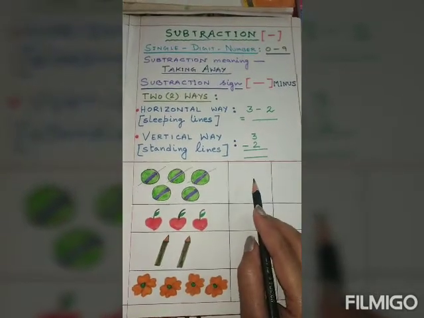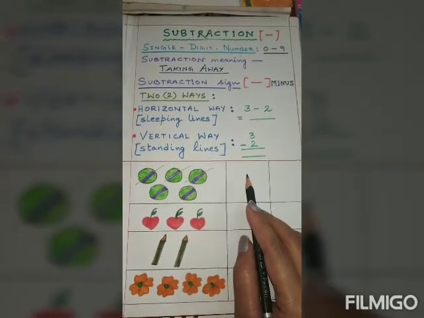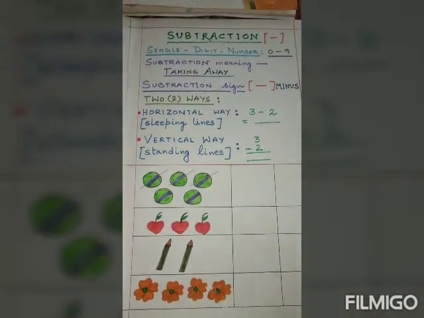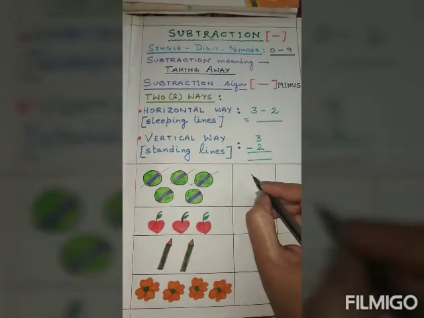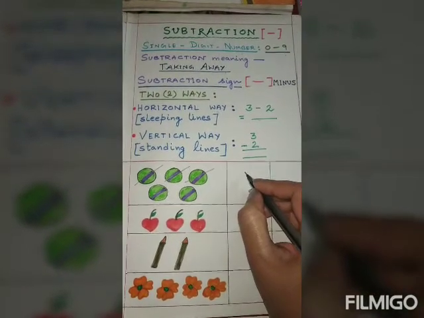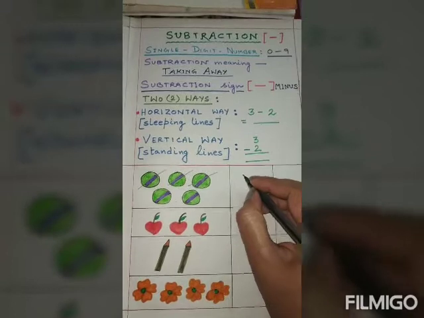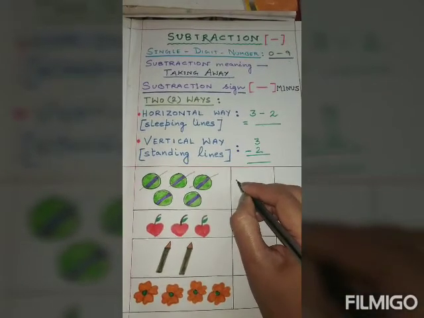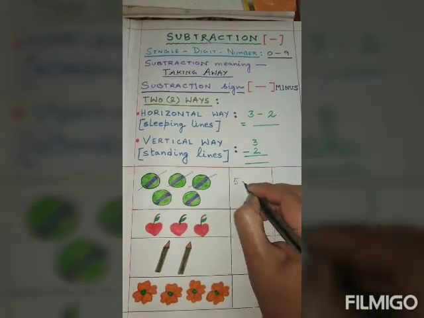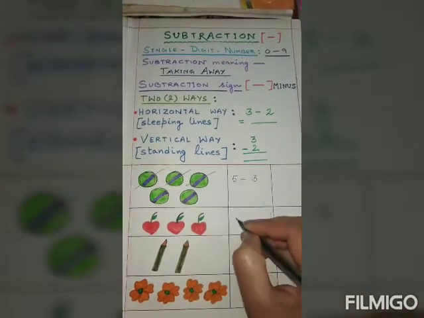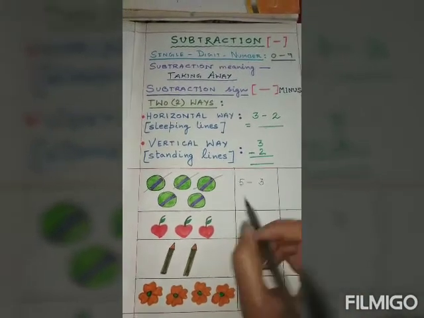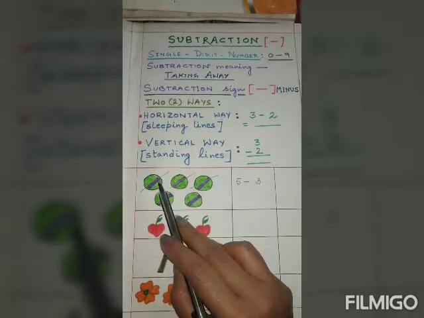Now what will we write here and how will we write it? The first process we will use is the horizontal way. So 5 minus 3. How many balls are left?